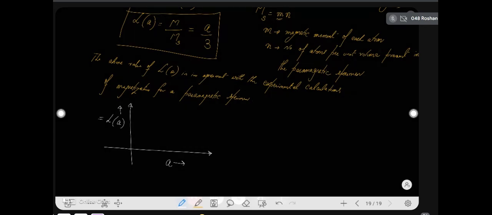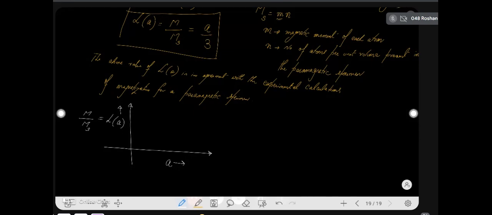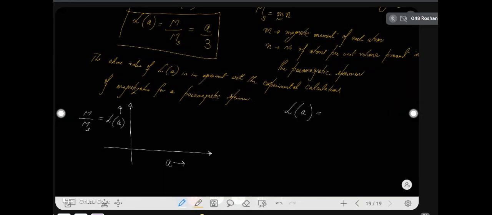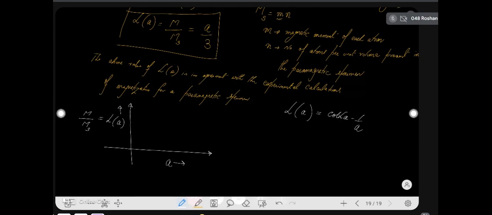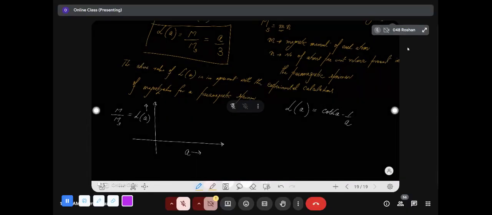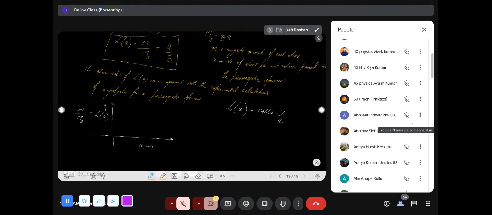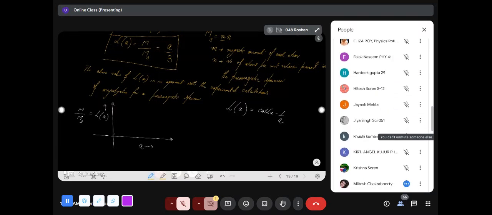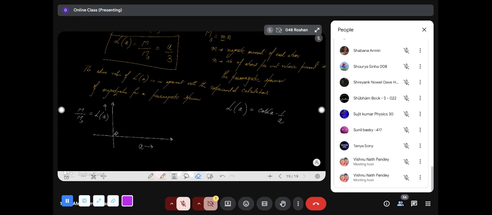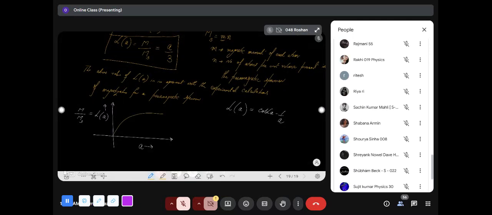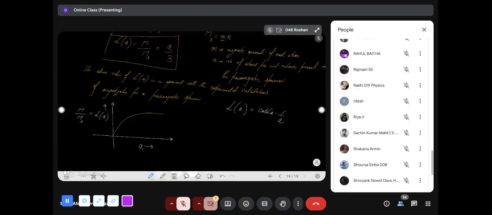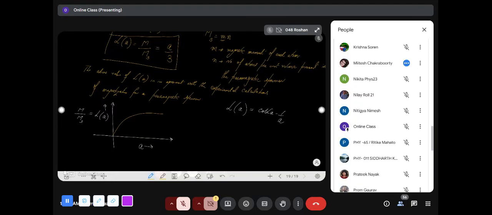Let me again write, this is equal to M by Ms. You remember, LA we have previously obtained in the form coth A minus 1 by A. So the curve nature of LA: it increases from 0, it is 0 at the 0 value, and it touches the saturation magnetization asymptotically at infinity.